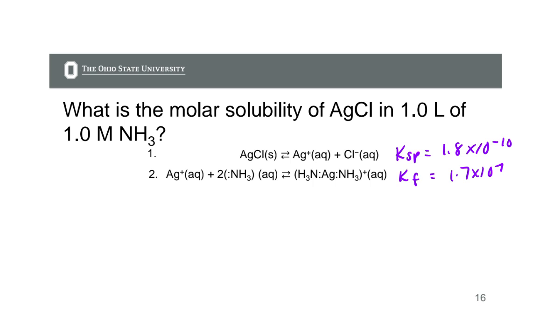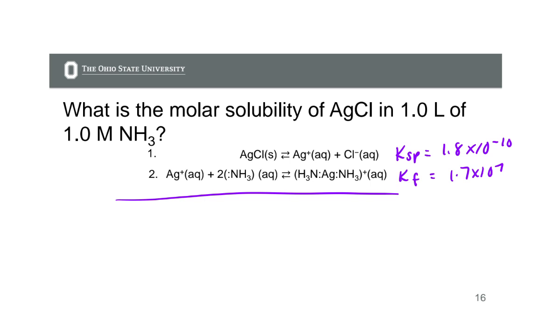So we need to combine these equilibria because it's much easier to work with one equilibrium equation than it is to work with two. And we've seen how to do that in chapter 15 when we were adding up chemical equations.